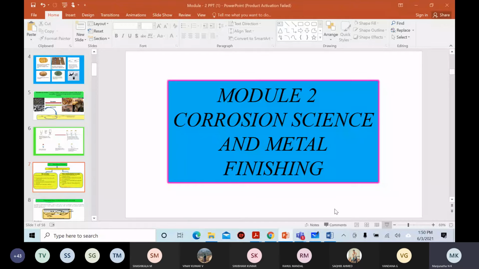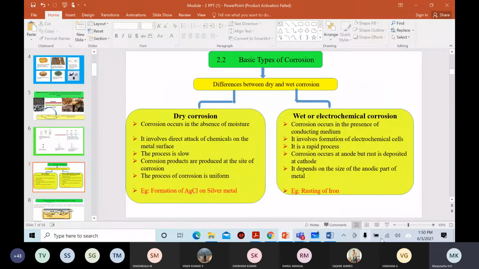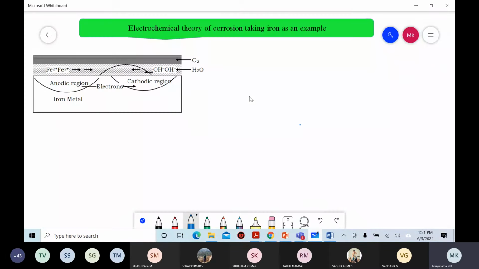The electrochemical theory is used to explain the wet corrosion of the metal. For example, rusting of iron, meaning how iron metal undergoes corrosion, is explained by using the electrochemical theory.